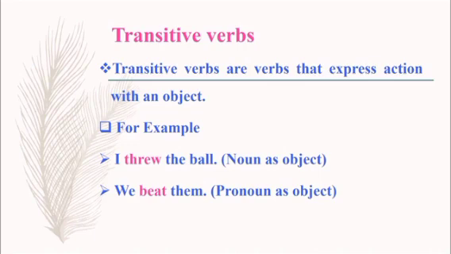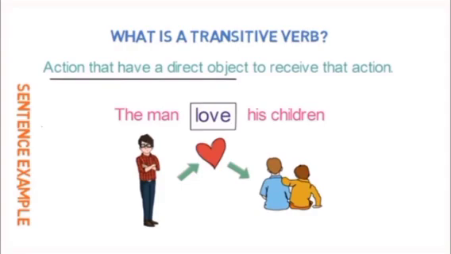In simple sense, what is a transitive verb? Action that has a direct object to receive that action. So, a transitive verb means it is an action verb with a direct object. Let's see the example sentence. The man loves his children.